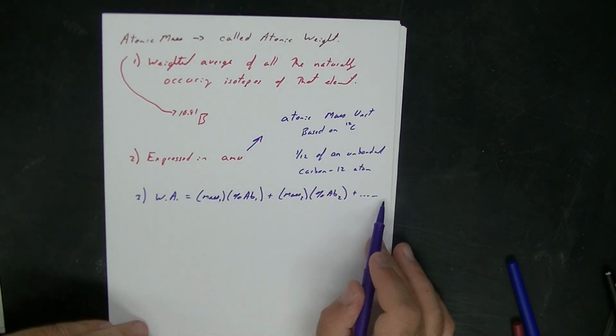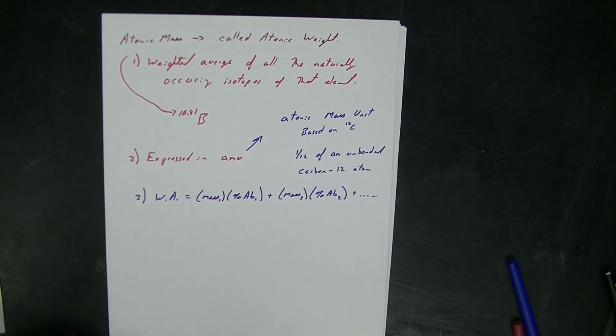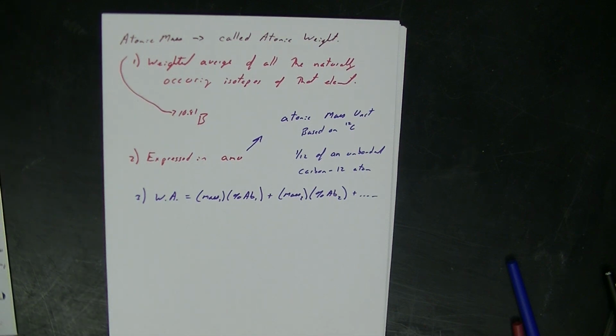However many isotopes there are for that element. That's how we calculate this weighted average mass. So let's try a couple problems here.